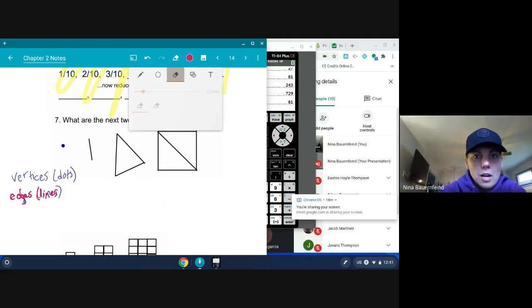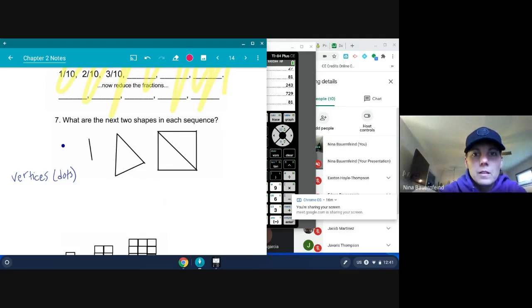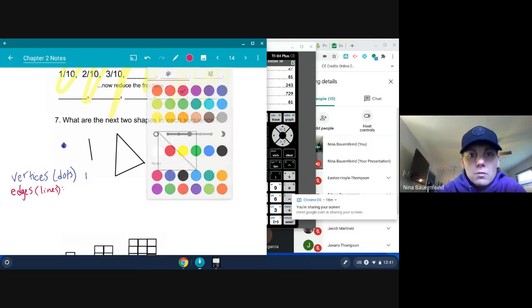Okay, that looks like trash. Just give me a second. Okay, so in the first picture, there is 1 dot, and there are 0 lines.